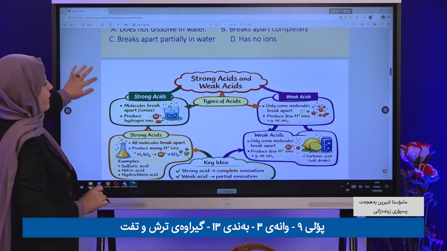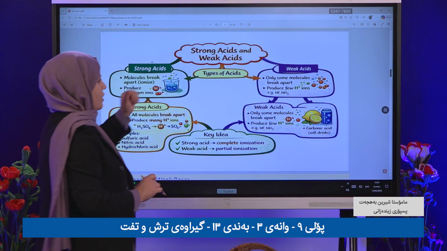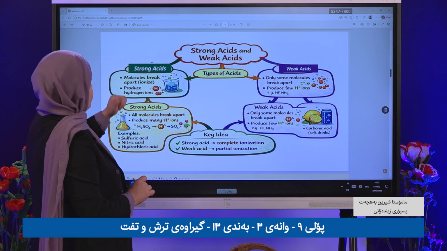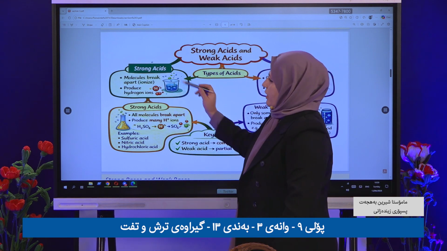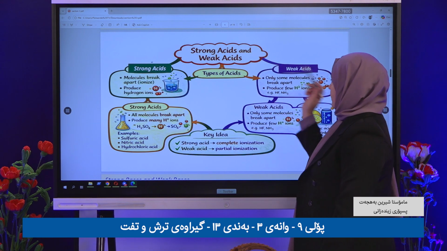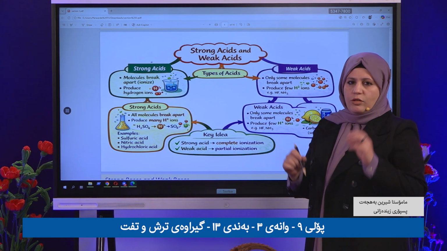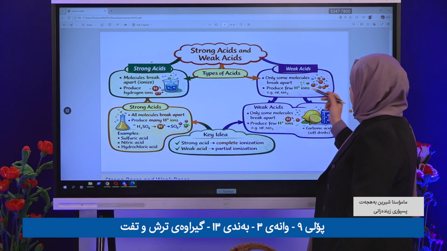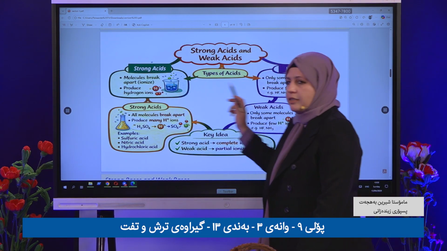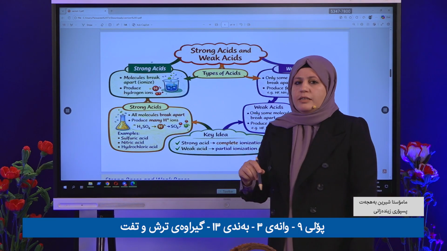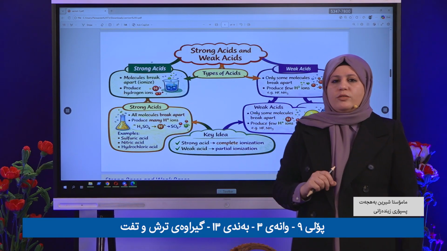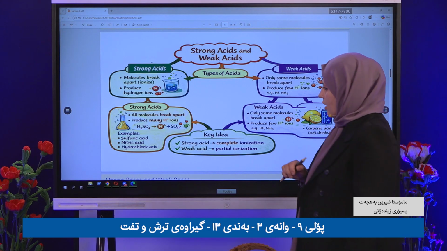So strong acid and weak acid, we have two types. Strong acid is one in which all molecules break apart in water, but weak acid is one in which only some of the molecules break apart in water. In both, they produce hydrogen ions, but in strong acid they form more hydrogen ions.